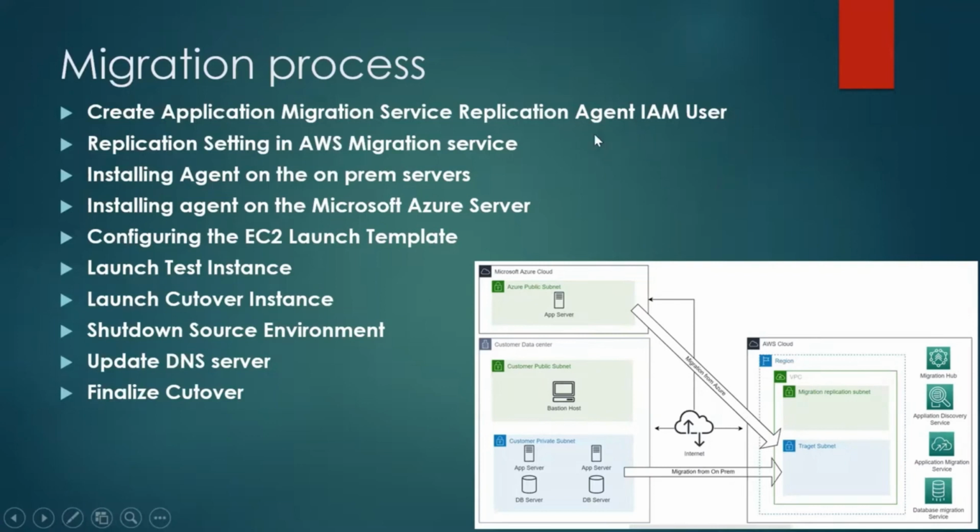We launched a test instance, performed cutover, shut down the source environment, updated the DNS, and then finalized the cutover. That's how migration works in the lift and shift approach.